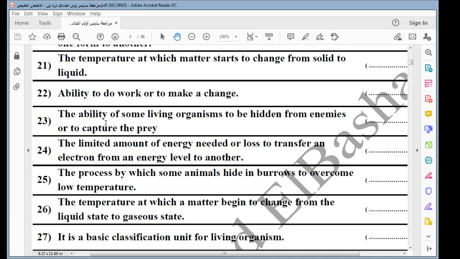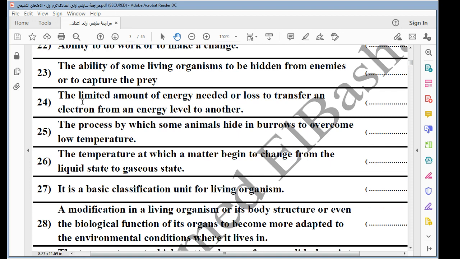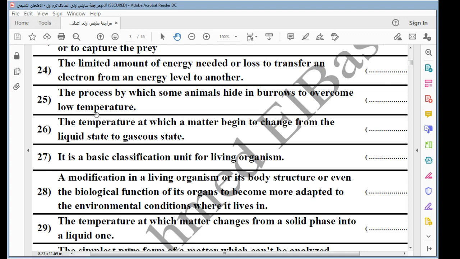The ability of some living organisms to be hidden from enemies or to capture the prey. Of course, this is well known: camouflage. Number 24. The limited amount of energy needed or lost to transfer an electron from an energy level to another. Of course, this is the quantum.